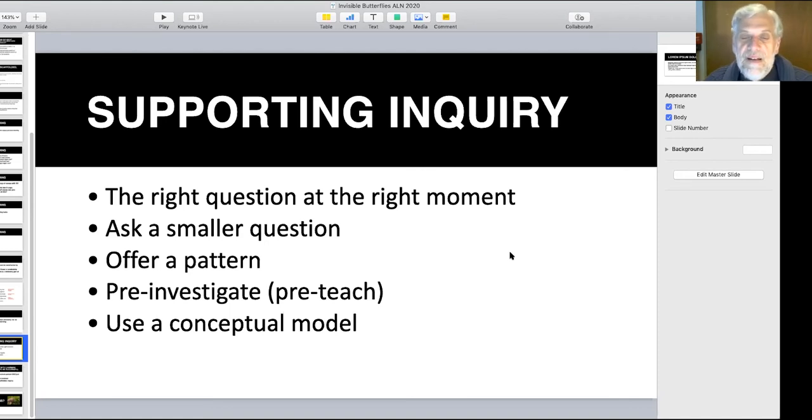Okay. Another really important way to support kids to do inquiry at grade level is to pre-investigate the concept before the class does it. This is very powerful. If you're the kind of school that's doing main lesson and math menu, what I recommend all the time is that you use a part of math menu to investigate the next day's concepts ahead of time.